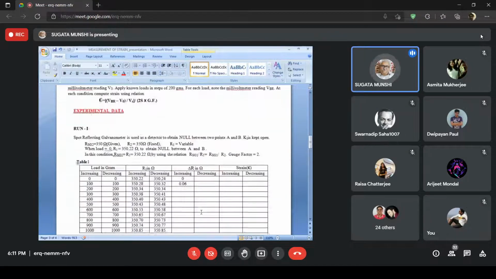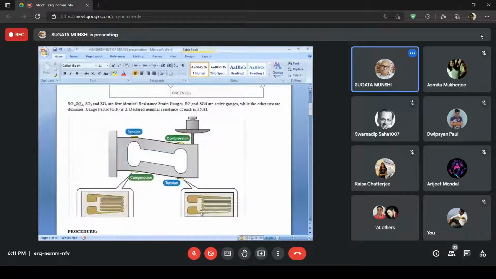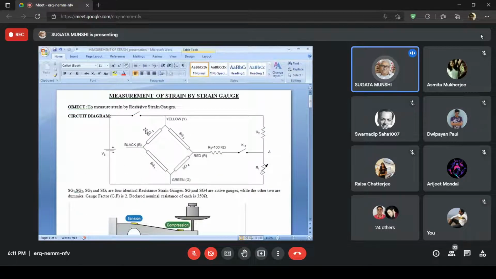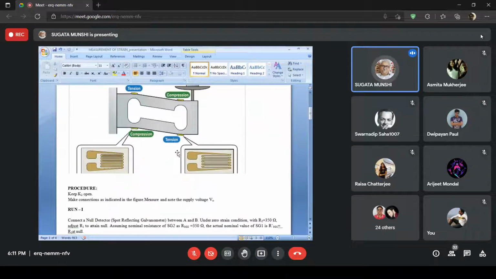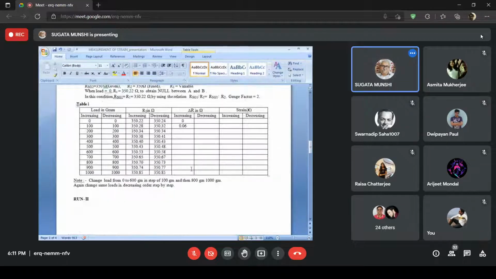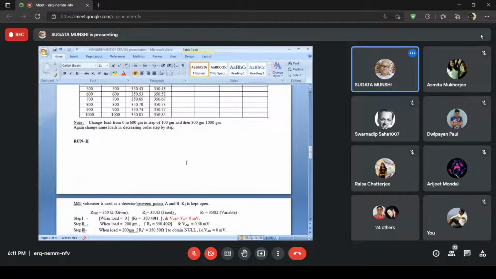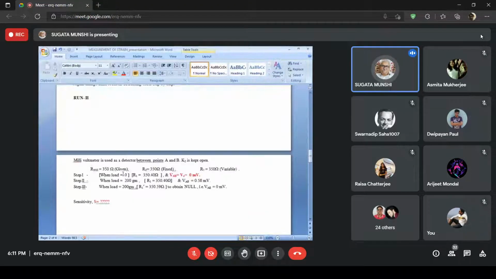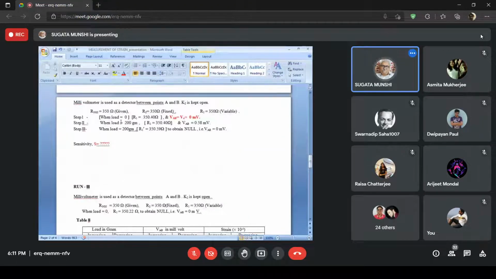So what we are asked to do will be drawing of this circuit, all right, and then showing all these, filling up all these tables. You must show sample calculation, 1 for run 1, 1 for run 2.